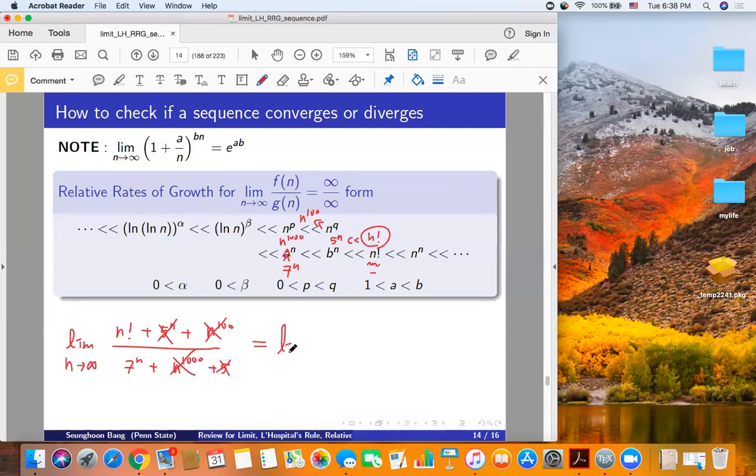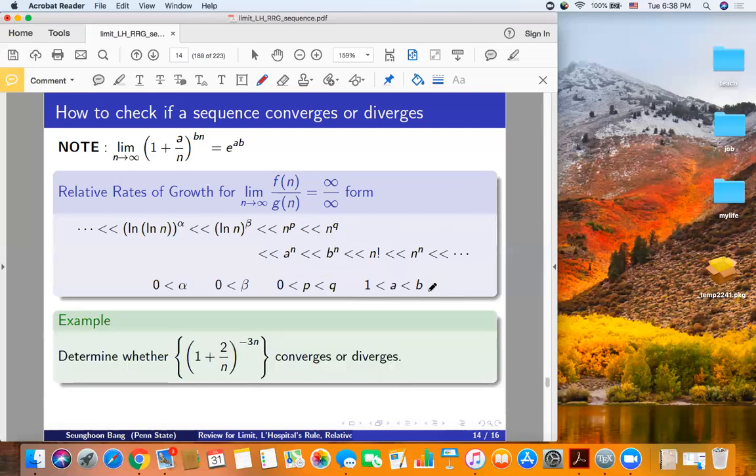We have the limit as n approaches infinity of n factorial over 7 to the power n. You can compare: n factorial grows faster than 7 to the power n, so the answer is infinity. This is the whole idea of using relative rate of growth.